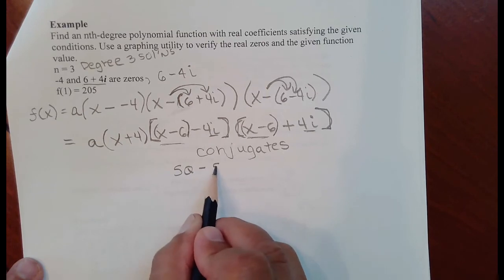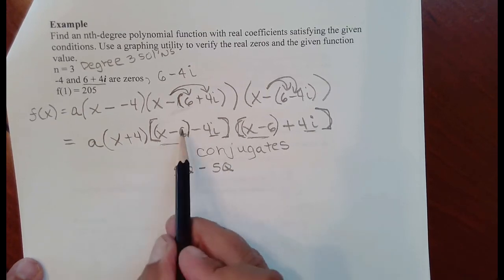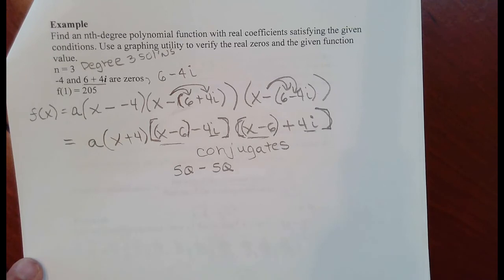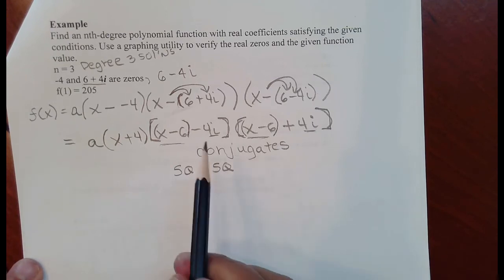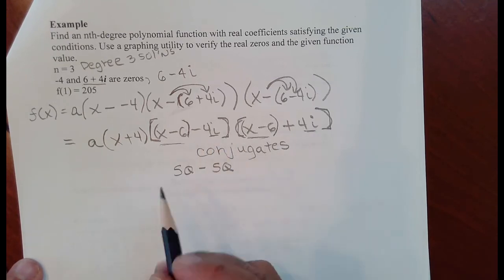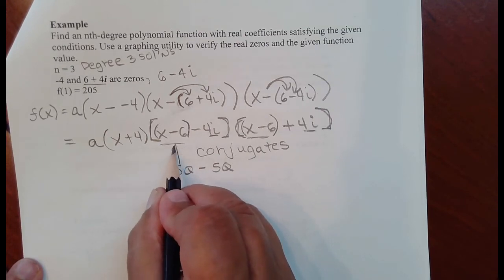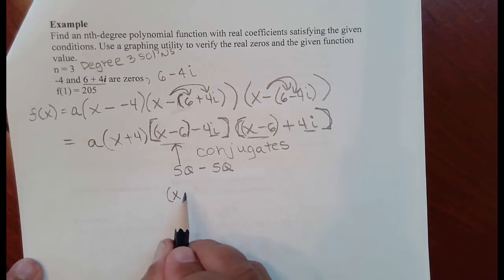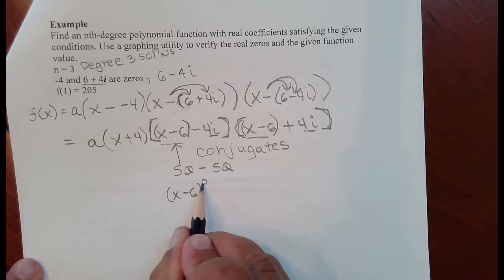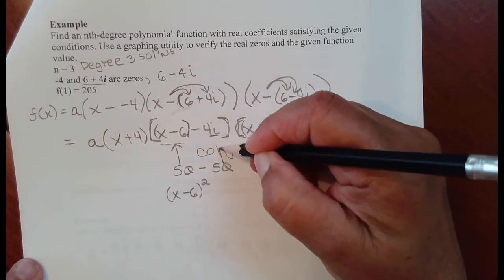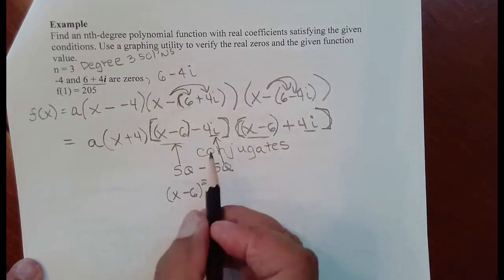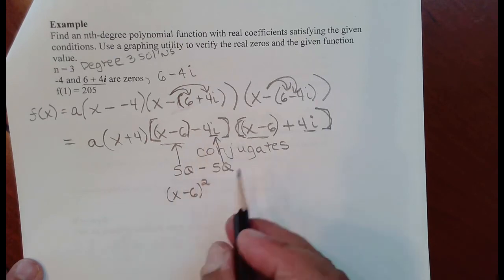Square the first term, square the second term. Again, this is considered the first term of each of these expressions, and the 4i is considered the back term. So when it says square the first term, you will be squaring that binomial. Let's just write it like this for right now. And when it says square the back term, you're just squaring that 4i. Don't forget to square the 4 as well as the i.